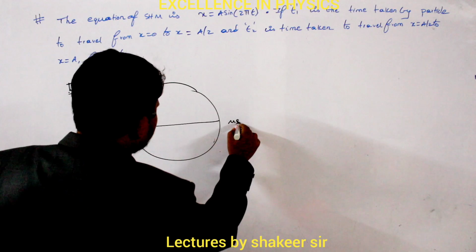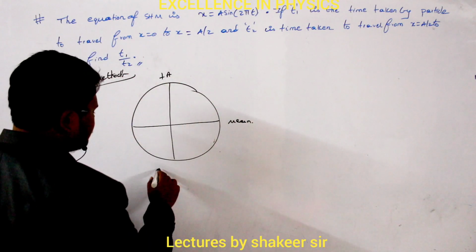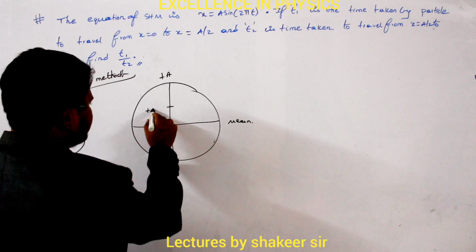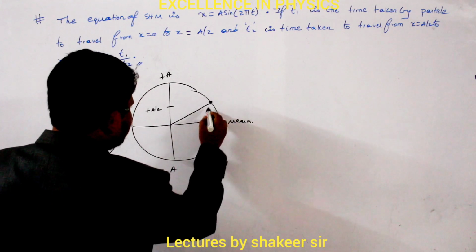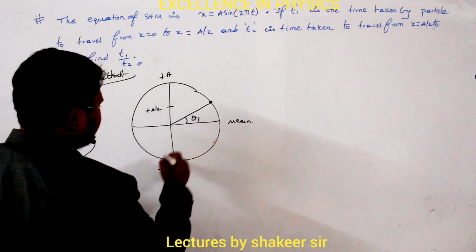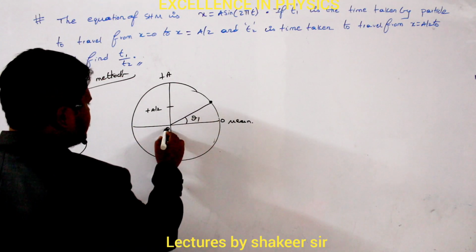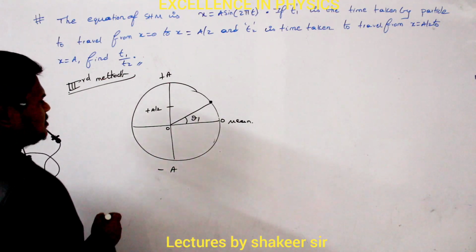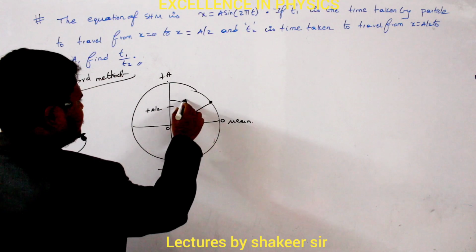This is our mean position, this is the positive extremity and this is the negative extremity, and this is an amplitude of plus A by 2. Initially the particle will travel from here to here by covering an angle of theta 1, that is from 0 to plus A by 2. Then from A by 2 to A, it has to cover an angle of theta 2.